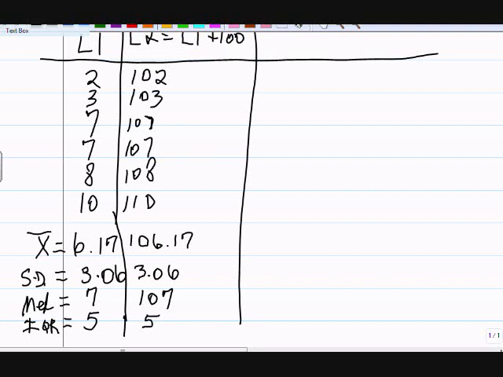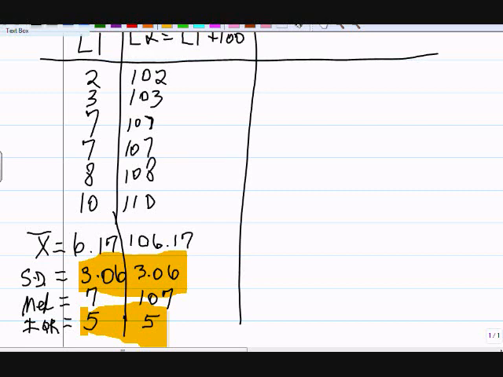What numbers have stayed the same? Standard deviation has remained unchanged. IQR has remained unchanged. Those happen to be my measures of spread. Does it make sense that my measures of center have moved?